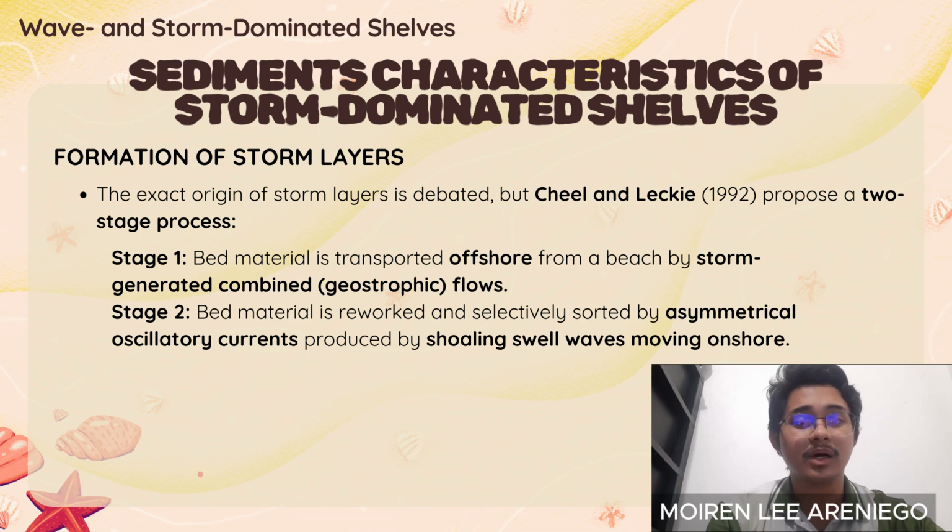And the second one, or stage 2, is the bed material is reworked and selectively sorted by asymmetrical oscillatory currents produced by shoaling swells and waves propagating on the shore.